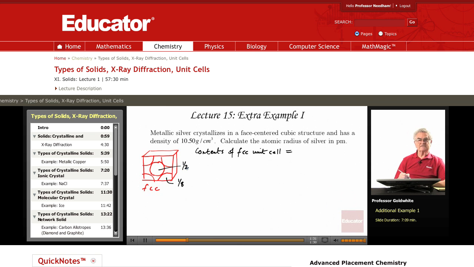So the contents of the face-centered cubic unit cell is 8 corner atoms times 1/8 plus 6 face-centered atoms times 1/2 equals 4 silver atoms.